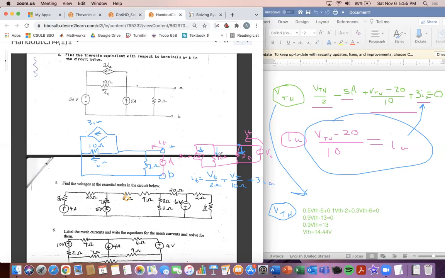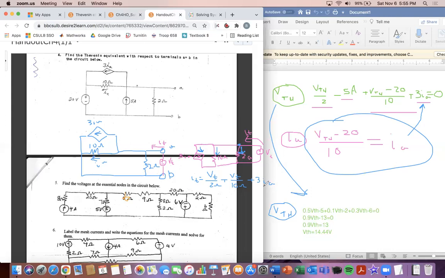Same with this 10 ohm resistor: the current going through it equals the voltage drop divided by the 10 ohm resistor. And the current going through here is the current through that dependent source. I could just write it here because it's a current source that tells you the current going through it. So I wrote this equation right here.